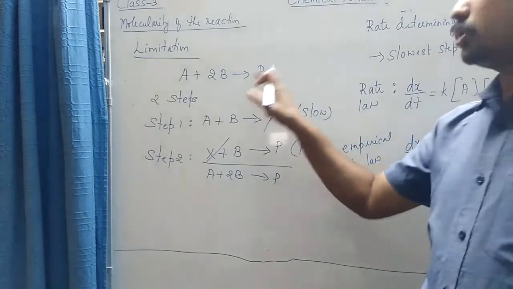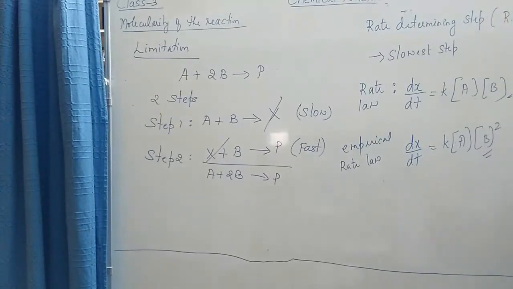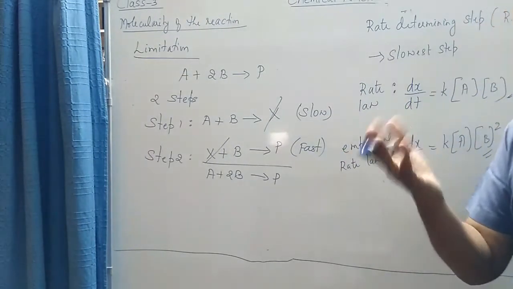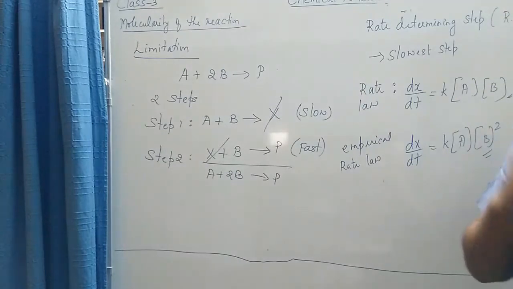So even though the molecularity of this reaction is 3, that is, we are predicting that three concentration terms are affecting the rate, actually only two concentration terms are affecting the rate of the reaction. So why does this problem arise? Because most chemical reactions do not take place in a single step.